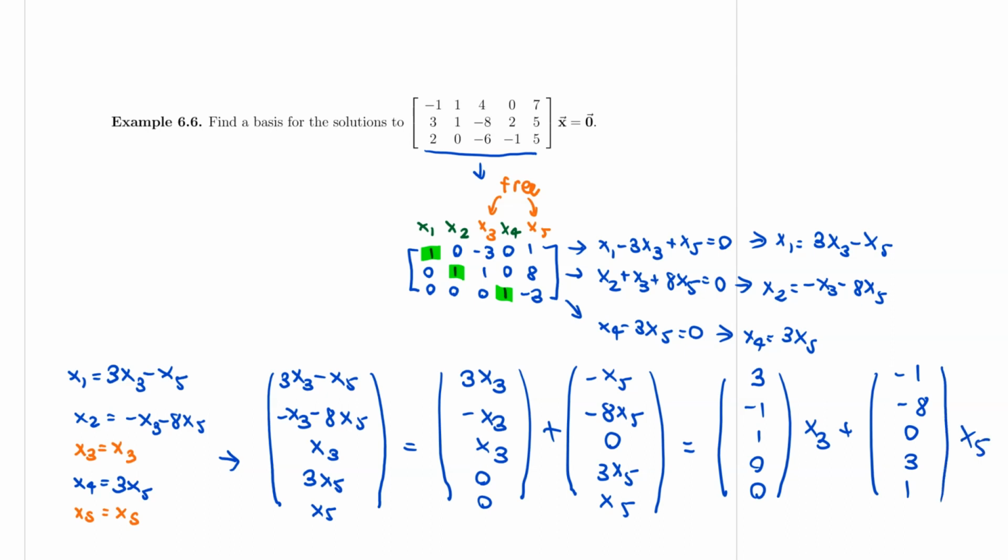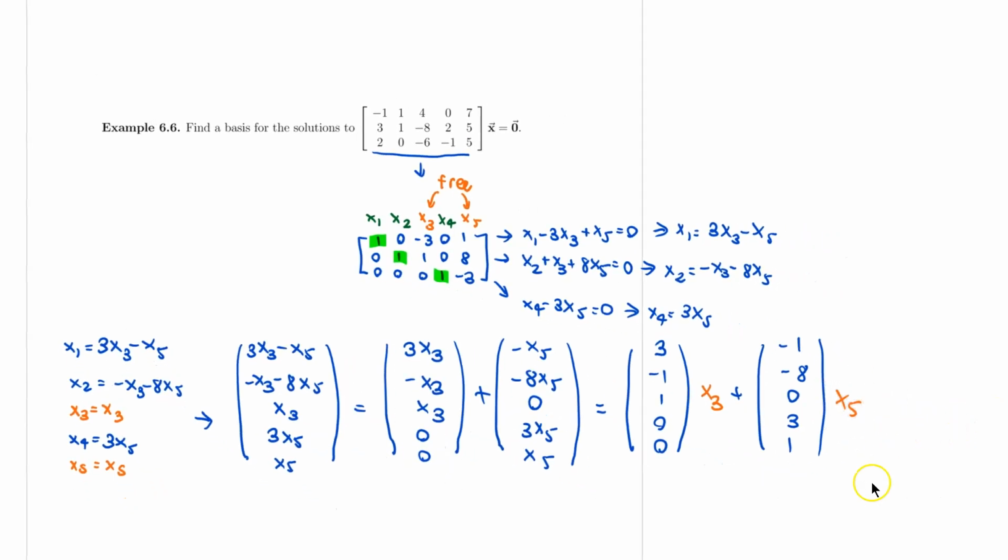And what this means is I can write the general solution to this system of equations as just some vector times the free variable x3 plus another vector times a free variable x5.